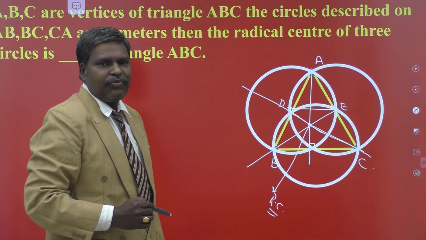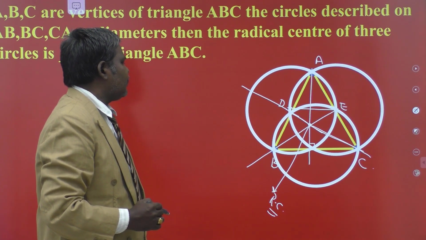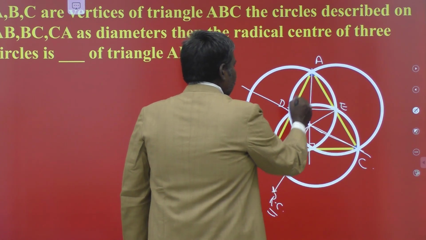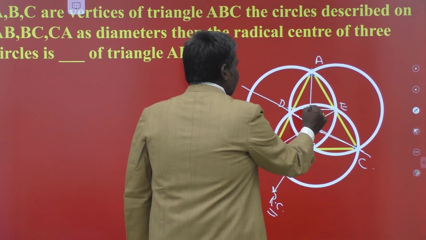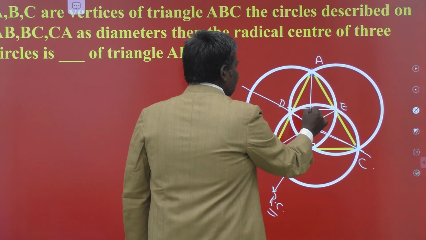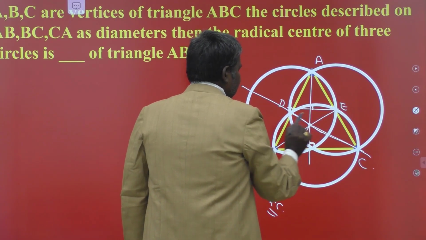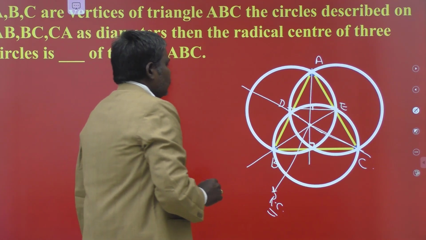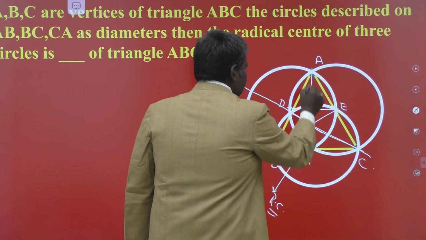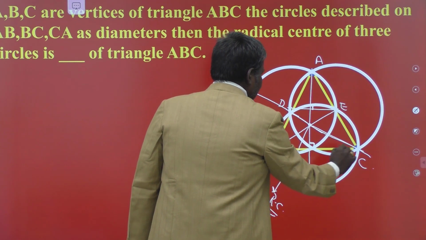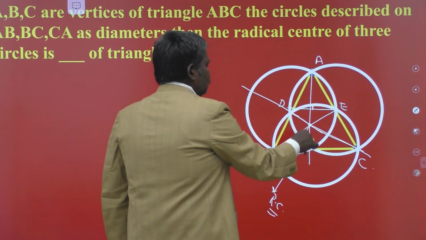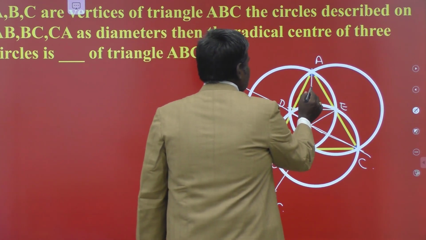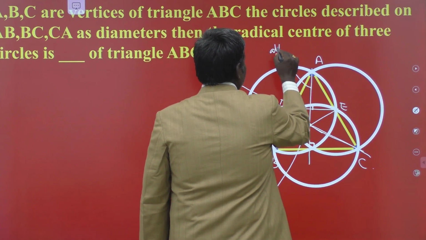So your radical axis is always perpendicular to the line joining their centers. It is 90 degrees automatically. This is 90 degrees, this is also 90 degrees. So this is the line passing through this vertex and perpendicular to the opposite side. A line passing through a vertex perpendicular to the opposite side becomes what? Altitude. So this is one of the altitudes.